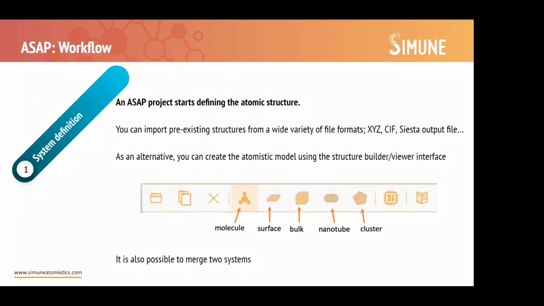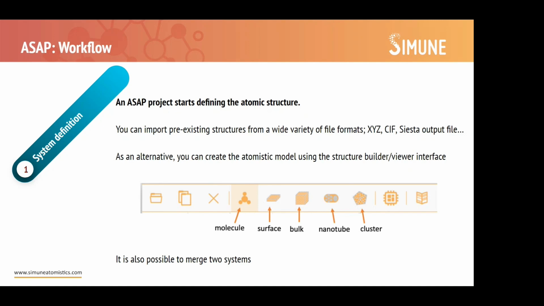So let's focus on the workflows. ASAP allows a very flexible and powerful definition of the system using the structure builder. From the panel on the top, you can choose a structure from the existing library. It can be a molecule. There is a big library of different molecular structures. You can construct a custom cut surface, slab.